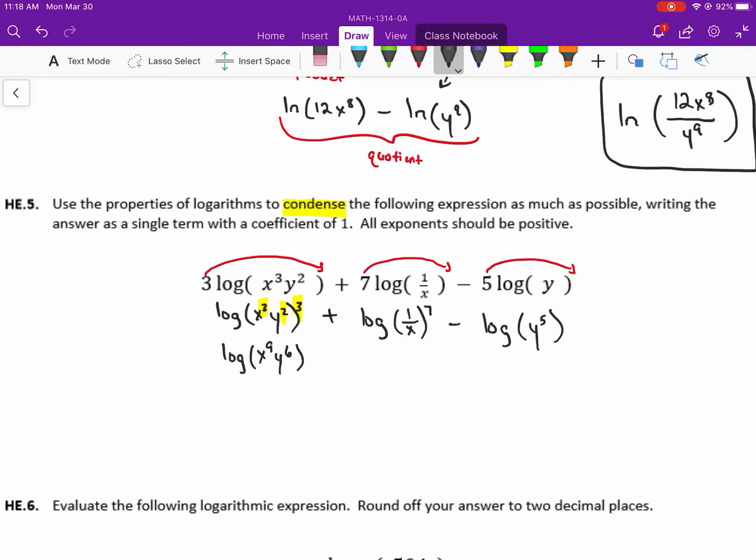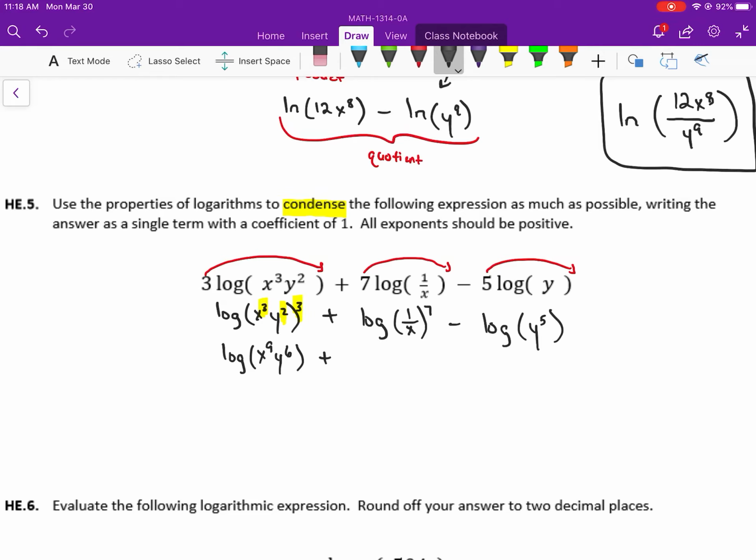Again, all I'm doing is multiplying my powers there. When we do a power to a power, the rule always states that I have to multiply those exponents. So x cubed to the 3rd power is x to the 9th, and y squared to the 3rd power is y to the 6th. Alright, plus, now we have to do the same one.